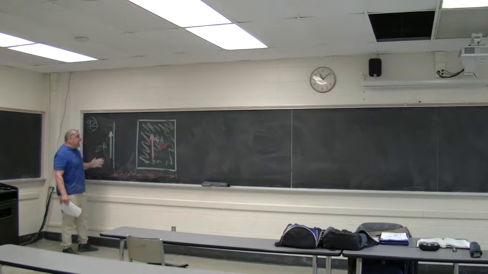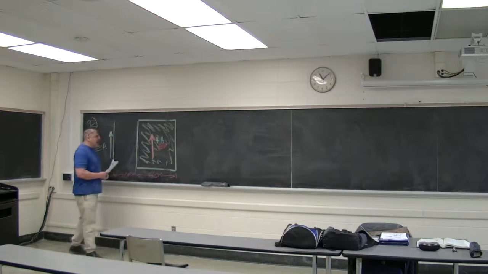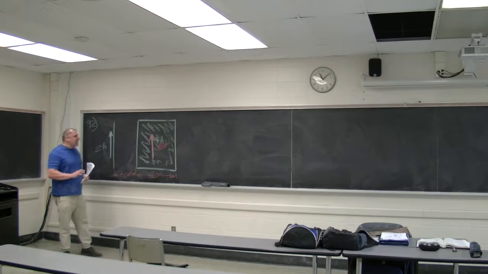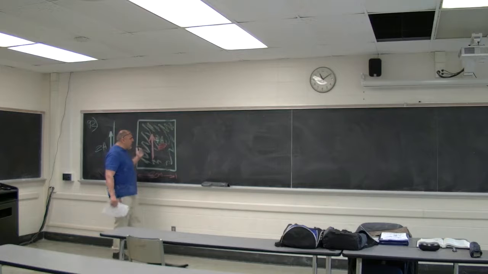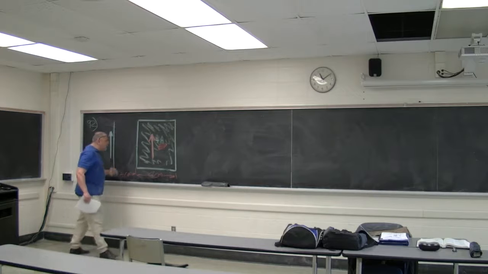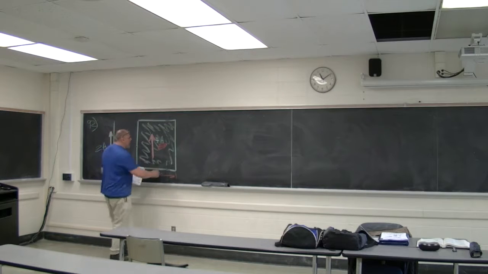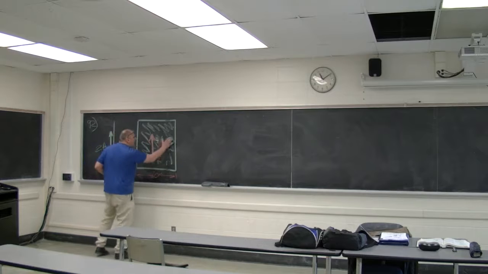To make this happen, we're saying that the current, and we're not passing judgment on how realistic this is, is flowing through here and is evenly distributed throughout the sheet. The sheet is very long, the wire is very long, and the sheet has this width to it. The current's uniformly distributed throughout it as it goes upward. There's current everywhere.